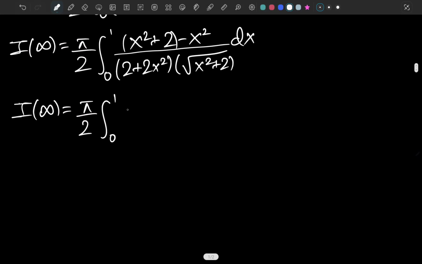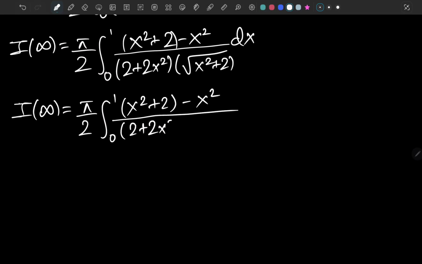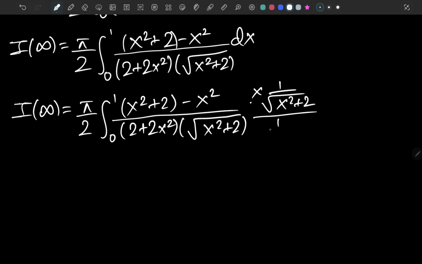I'm going to write that again: minus x square over 2 plus 2x square, times square root of x square plus 2, and I'm going to divide with square root of x square plus 2, and then divide with x square plus 2.